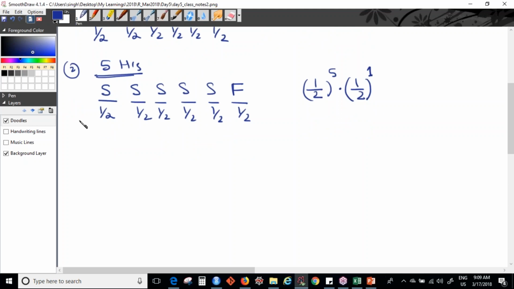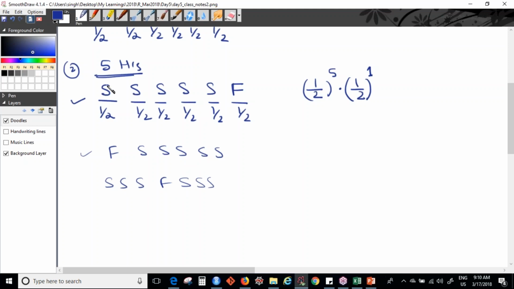But again you can see that I can arrange these successes in slightly different ways. So I can also write failure here and then 5 successes. Right guys? I can represent it in this way also. This will be another way of getting 5 heads. Similarly, I can write 2 heads here, 3 heads here, then 1 failure, and then again 3 heads.